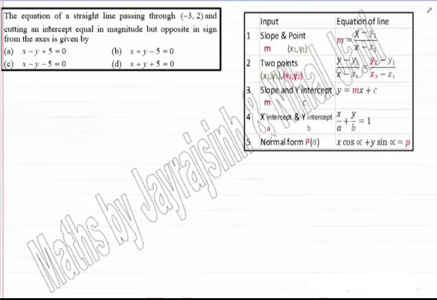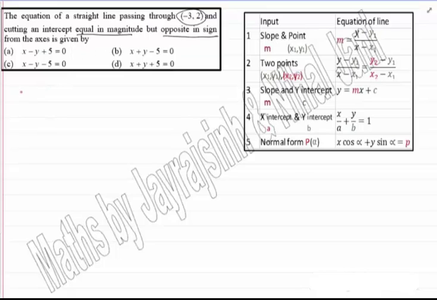Our next question is quite similar to the previous one. In this question we have to find the equation of straight line passing through the point minus 3, 2 and cutting intercepts equal in magnitude but opposite in sign.